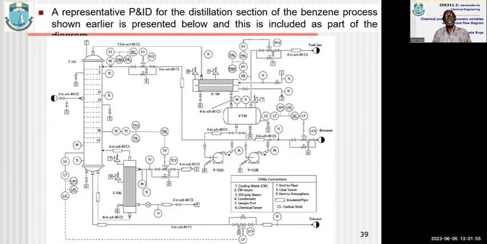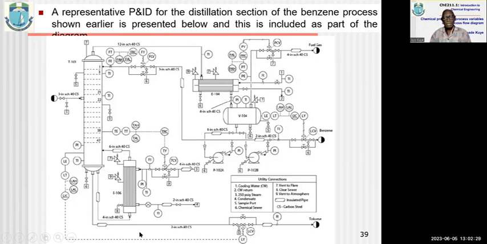And you can see the P&I diagram just for a section of that benzene process that we showed earlier on, just for the distillation section. You can see the extra details that have now been put into it. So you can see the distillation column here.